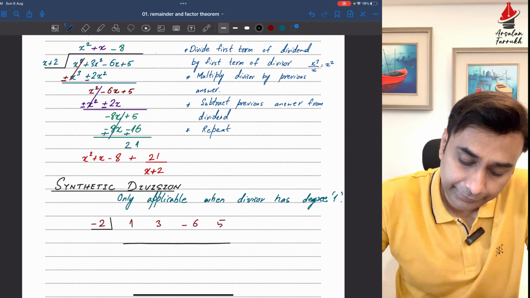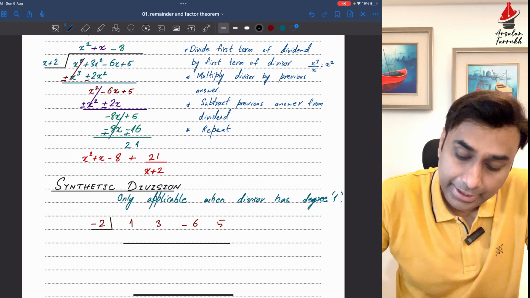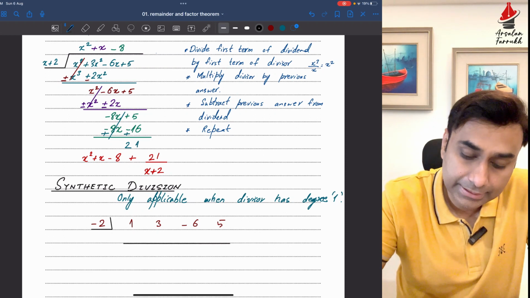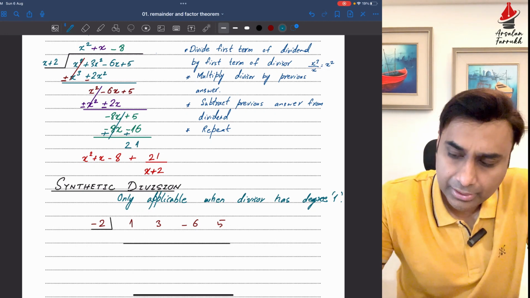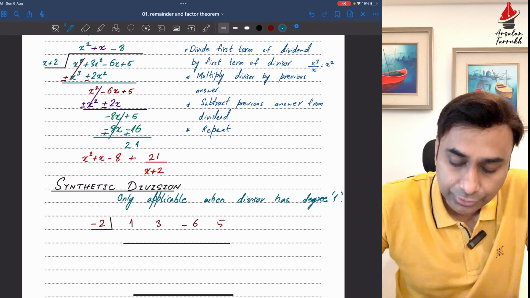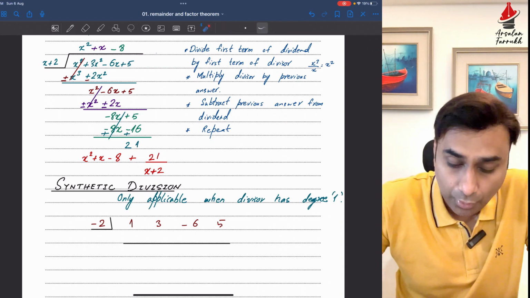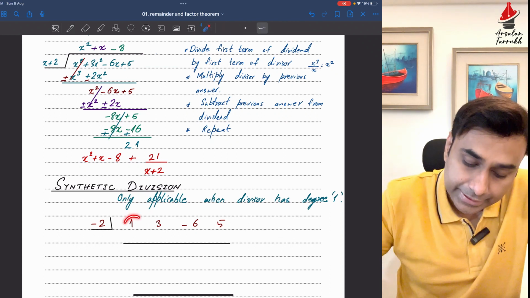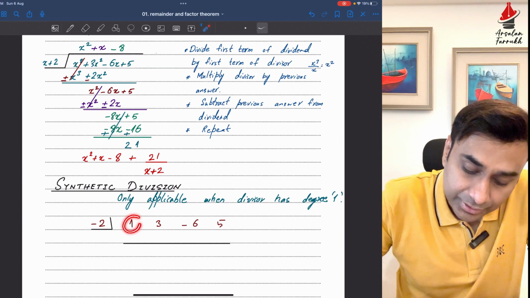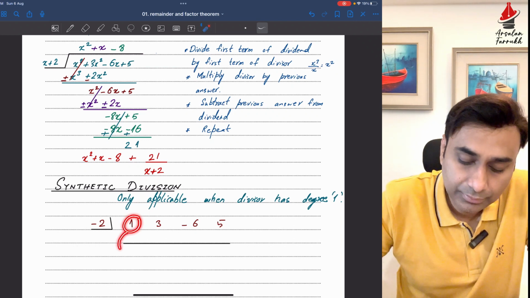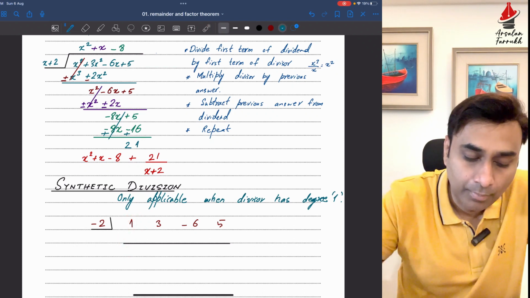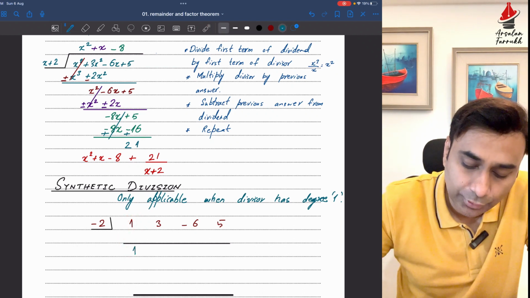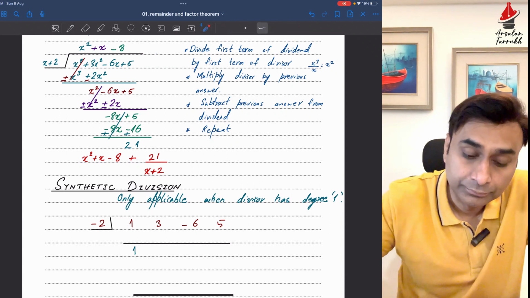Now, after doing this, again, as I said, there is something that you have to follow specifically. It's sort of a learning method, and if you're able to learn the steps, then you're good to go. Now, after doing this, the first term that you write here is copied as it is over here. In this case, the 1 is going to be copied here as it is.